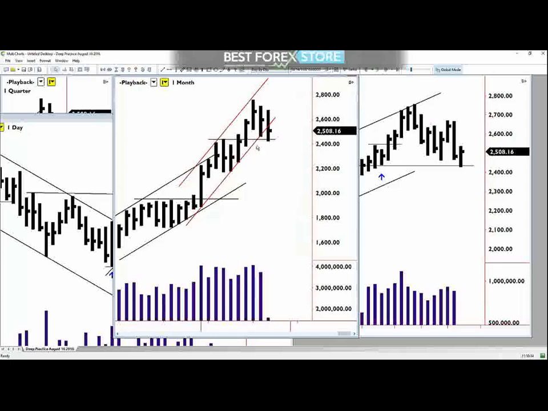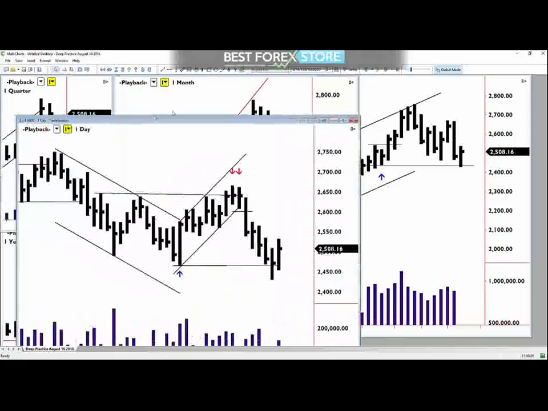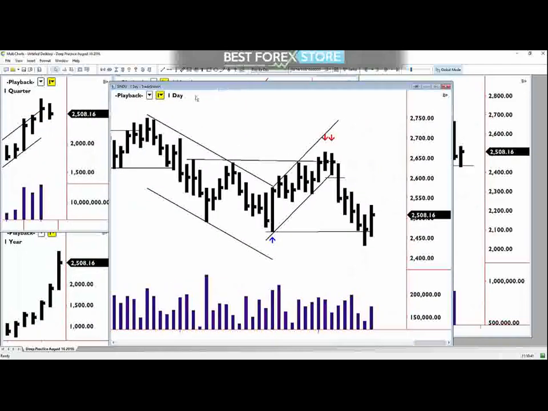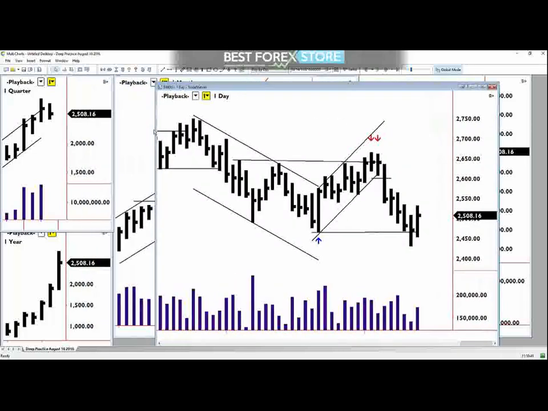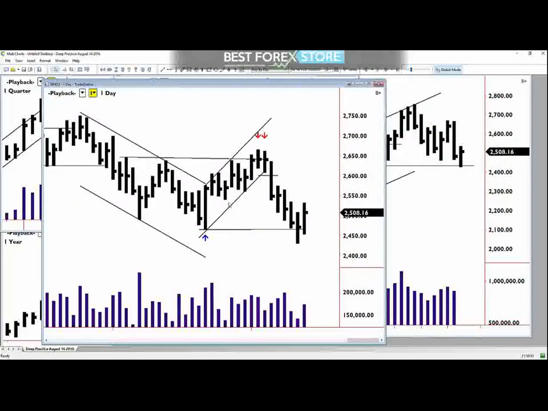We're also at the same level on the monthly. But really it's the daily and the quarterly that's telling us that this is not a good idea to go long in here, because we're overbought on the quarterly and we have supply seeping in all over the place. Okay.